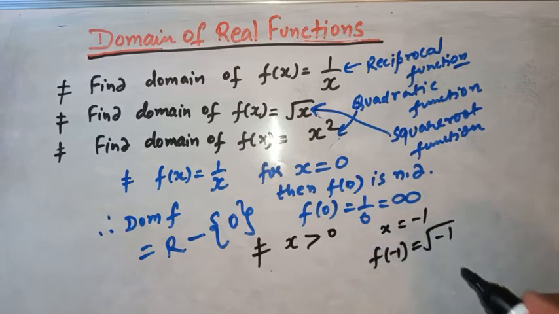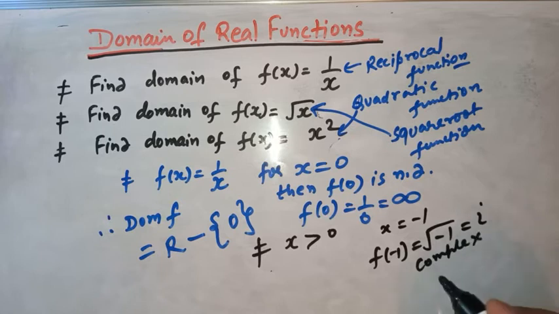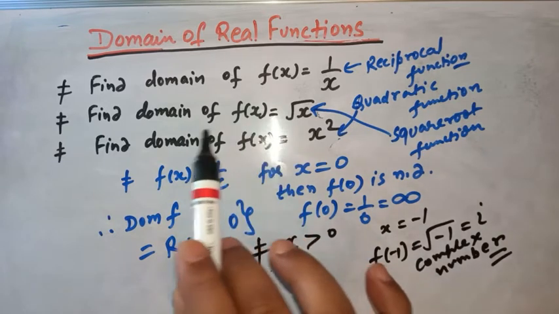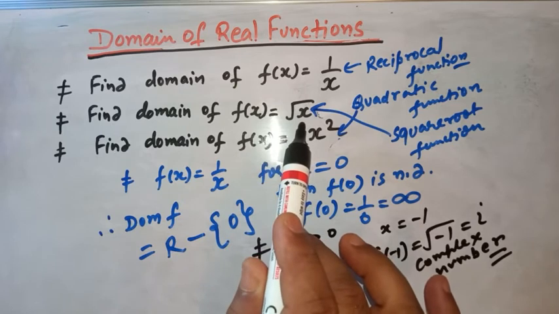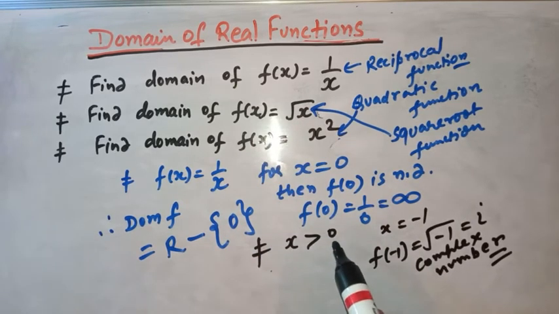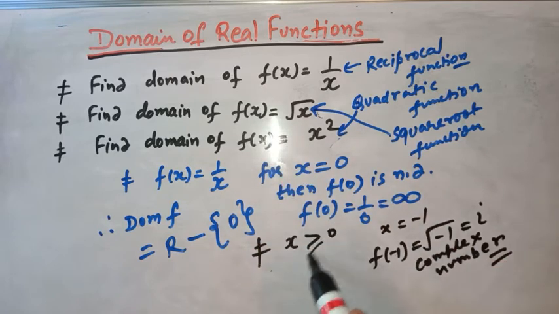This is square root of minus 1, and it is iota, which is a complex number. But we are talking about real functions, so the domain and codomain have to be subsets of real numbers. So here in the square root function, the value of x must be a non-negative number, including 0. So here x is greater than or equal to 0.